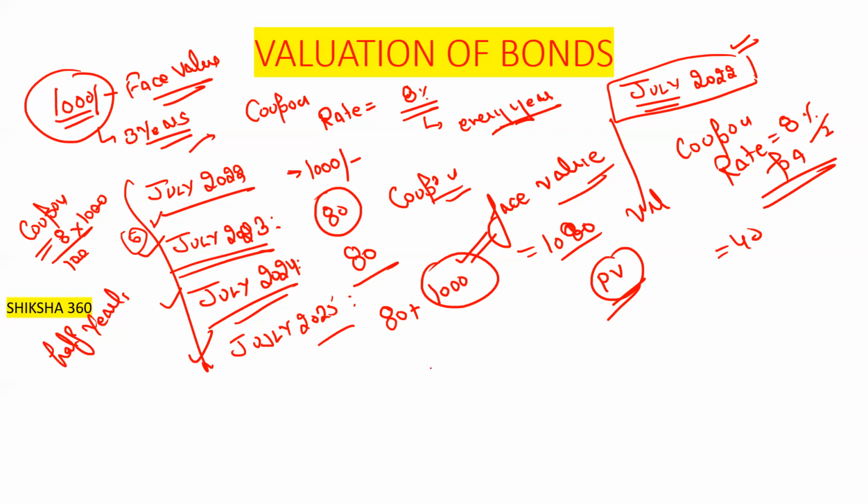Some questions give 6%, some 5%, and in some questions 12%. That is known as the coupon rate, and from that we will get the coupon amount.